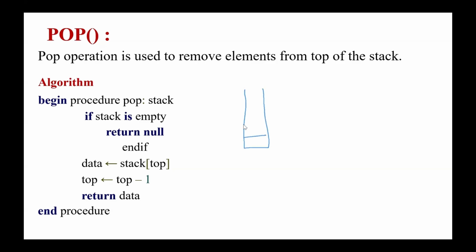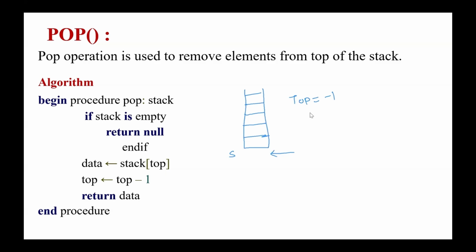So for example, this is our stack, S. Right now the top pointer value is -1. So if we go for begin, if the stack is empty, return null. How do we check if the stack is empty?